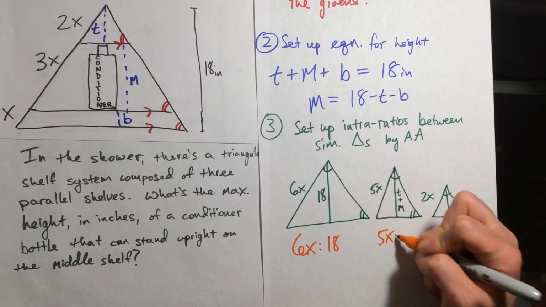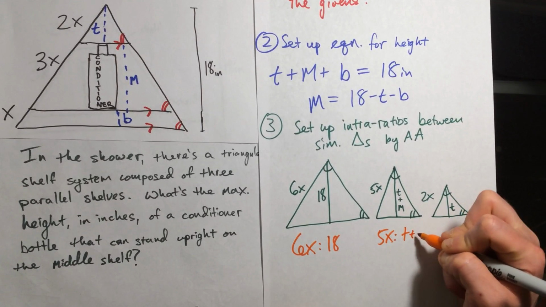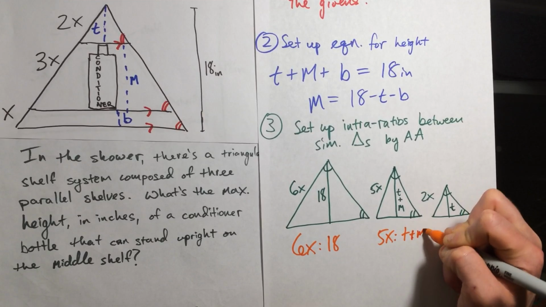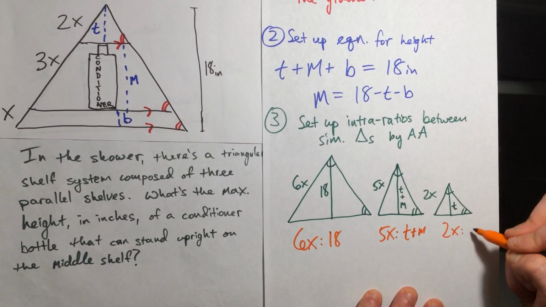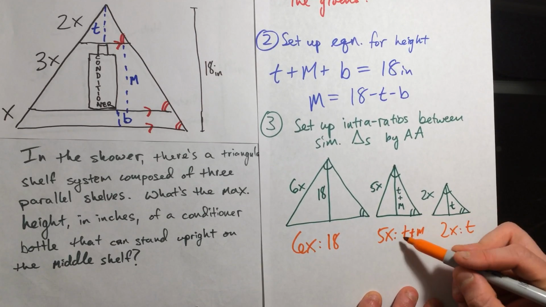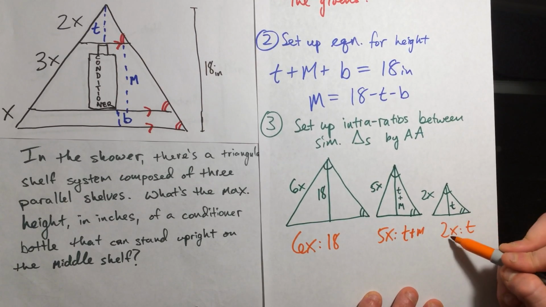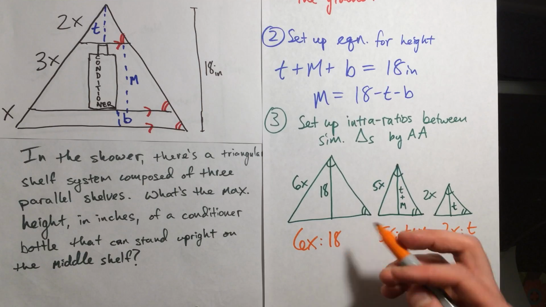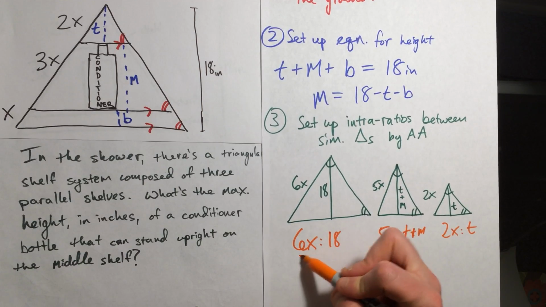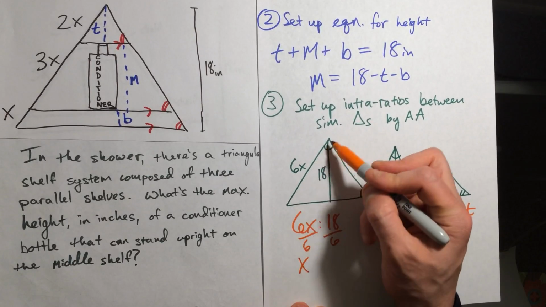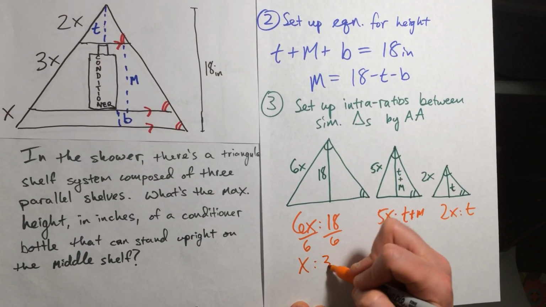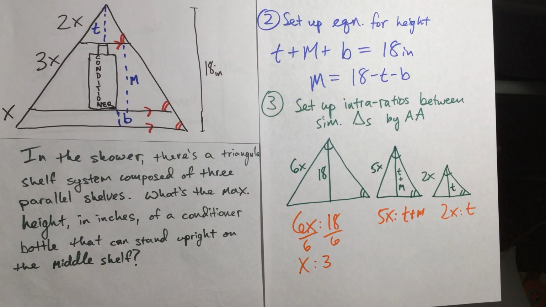That's going to be true of 5x. It's going to be equal to T plus M. And we know that 2x will be in ratio to T. Well, then what's the ratio truly about? If we divide both sides by 6 here, we know that for every x of this diagonal length, we should expect 3 of height in all these similar triangles.